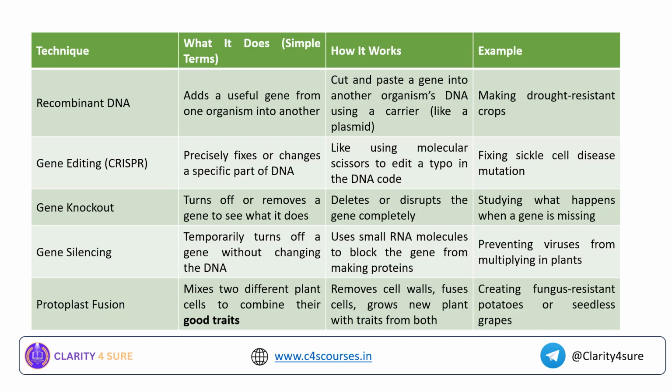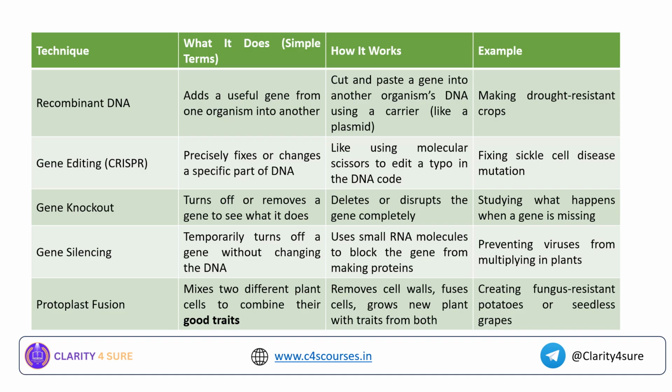Okay, the first comes your recombinant DNA. What is recombinant DNA? See, recombinant DNA is nothing but it will add a useful gene from one organism to another organism. It means it will cut and paste a gene from one organism's DNA to another organism's DNA using a plasmid.